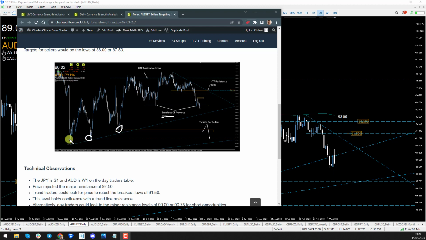Now we came into the 88 area and we bounced, price rebounded and moved back up towards these previous breakout lows and has rejected and is starting to move back to the downside again. So the analysis is playing out really nicely here.